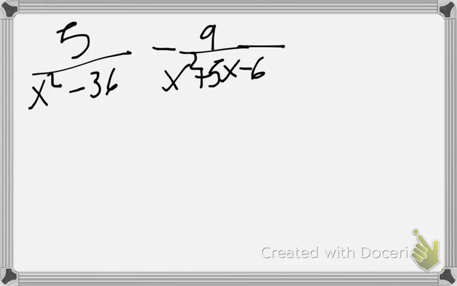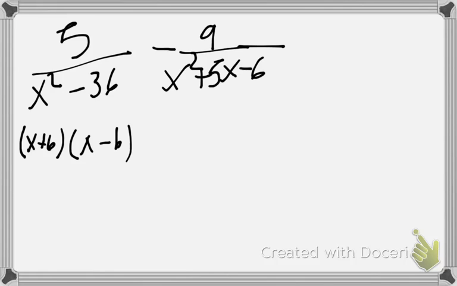Okay, so we have 5 over x squared minus 36 minus 9 over x squared plus 5x minus 6. So to start out, we need to factor each denominator. So we're going to have x plus 6 and x minus 6.